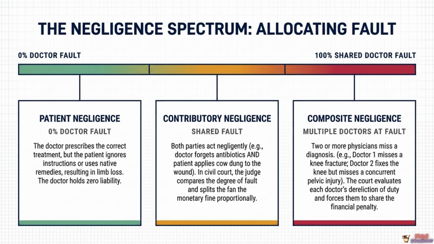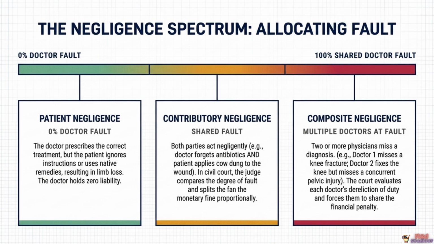In the middle of the spectrum sits contributory negligence, where both the doctor and the patient contributed to the harmful outcome. For instance, a doctor who fails to prescribe antibiotics and a patient who concurrently applies an unhygienic traditional remedy. Both contributed. In civil proceedings, the court weighs the relative degree of fault and splits the monetary penalty proportionally between the parties.